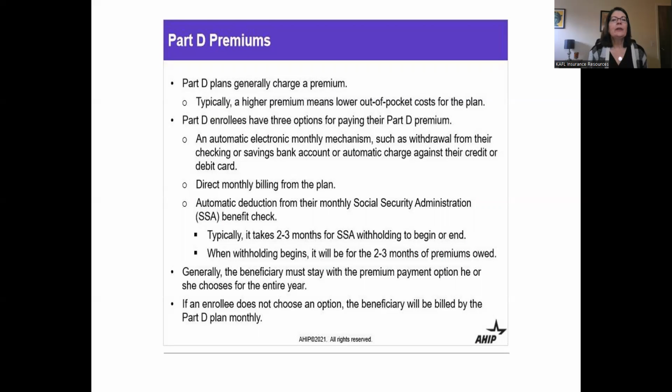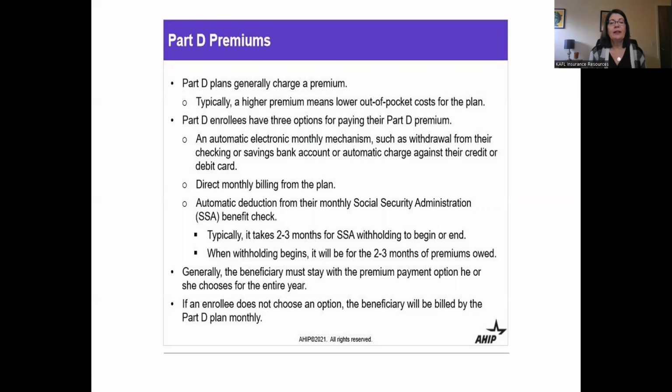But Part D premiums: generally there's a premium with a standalone Part D plan. I can't think of any standalone drug plans that are $0 premiums. I'm aware of Medicare Advantage plans that have drug coverage included that are $0, but a $0 standalone drug plan, nothing really comes to mind.